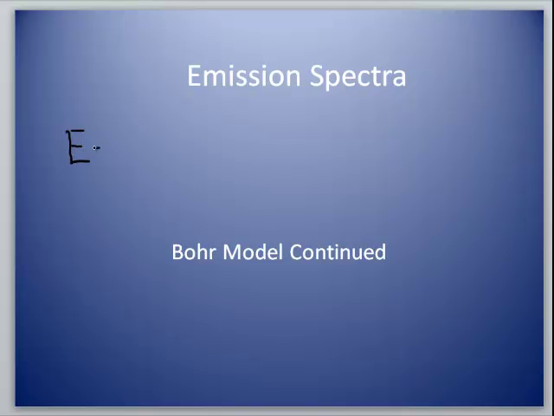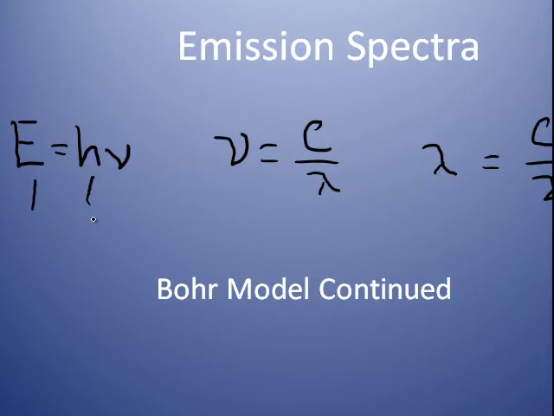We had E is equal to h times nu, and then we had nu is equal to c over lambda, and lambda is equal to c over nu. Remember, E stands for energy, h is Planck's constant, which is simply a value, 6.63 times 10 to the negative 34th, and its units are joules times seconds.